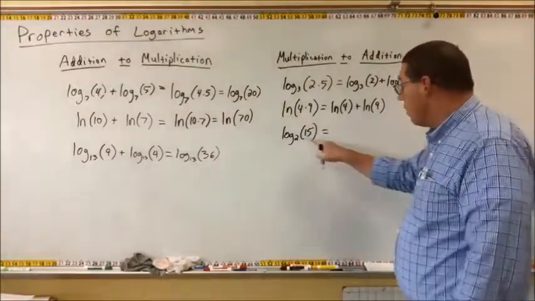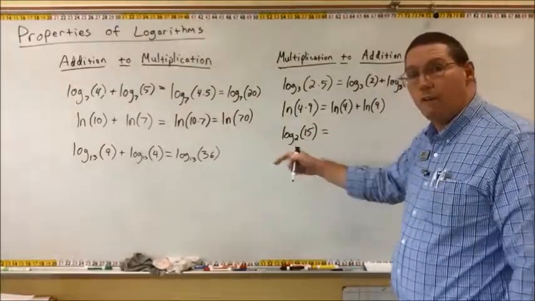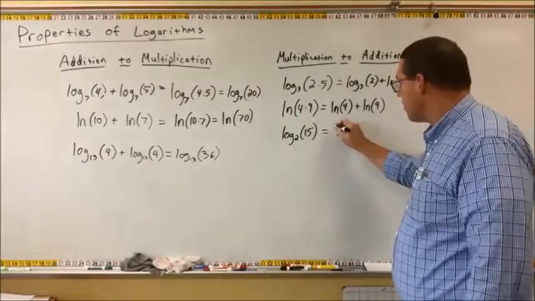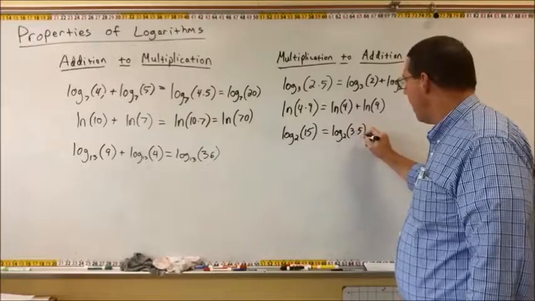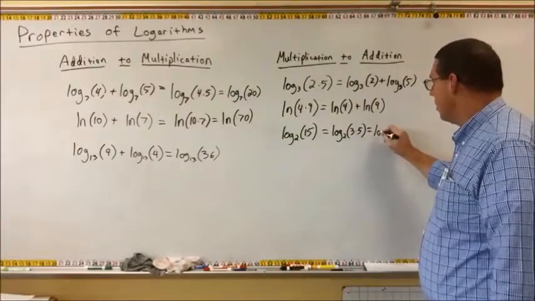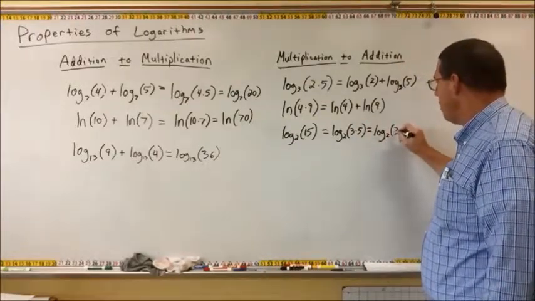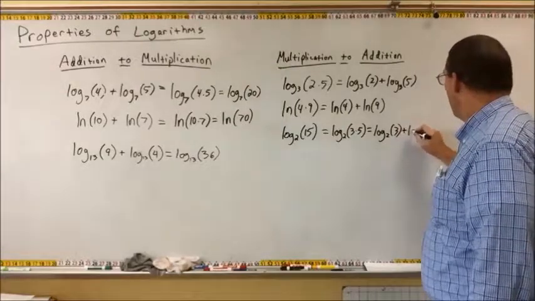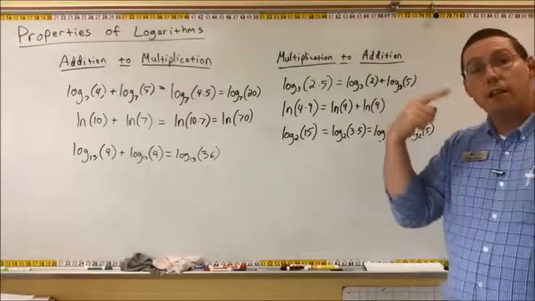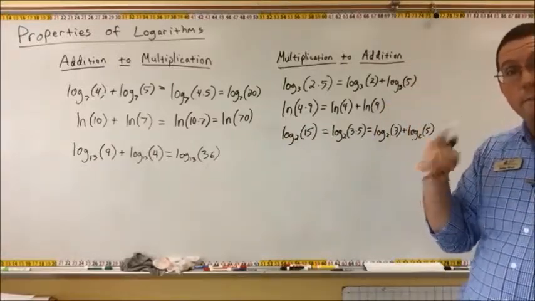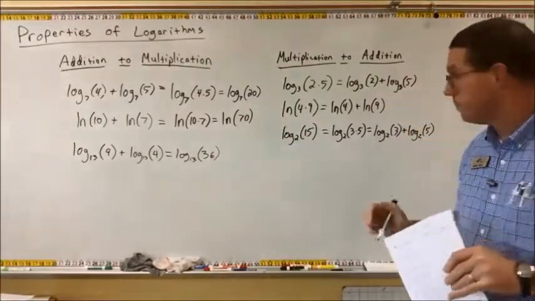It sure is. 15 is equal to 3 times 5. So we could rewrite this as log base 2 of 3 times 5, and now it's going to become log base 2 of 3 plus log base 2 of 5. And you have to think like that. You have to think creatively like that. You got to think about how to break it apart.